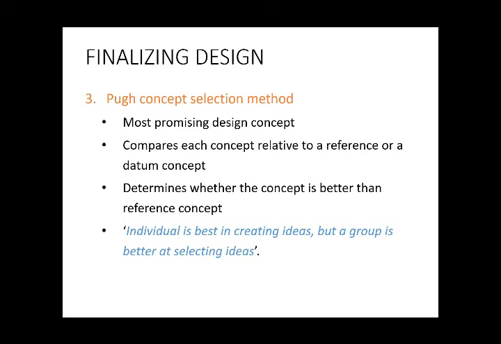We will check the design solutions which we got. In the previous step, we got many different design solutions. We check each of these solutions with the standard solution and we check which one is better or not. That is known as the PUG concept selection method.